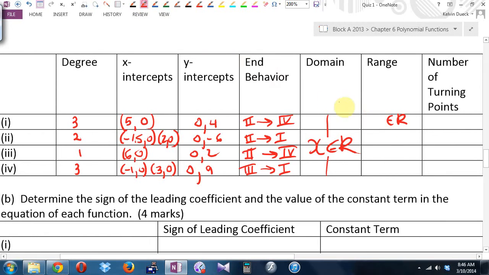Sheesh. The second one, everything above and touching negative 6. Third one, all reals. Fourth one, I did it again. This is what happens when 5 students show up late. Fourth one, all reals.